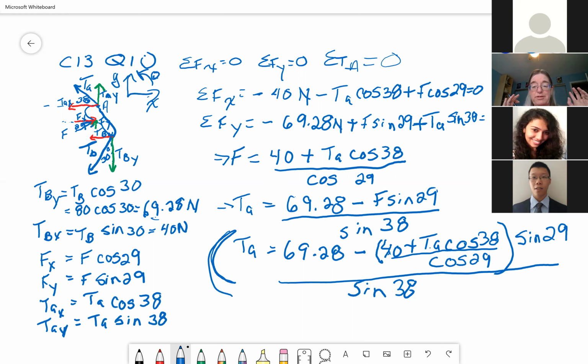So you're going to end up with 4 individual things; 2 of them will have TAs in them, 2 of them won't, and you'll be able to solve for TA. Again, it's not understanding equilibrium. It's not understanding how to take vectors and split them into their 2 components. It is, at this point, almost housekeeping, making sure you don't lose track of various values. And that's how you solve it.